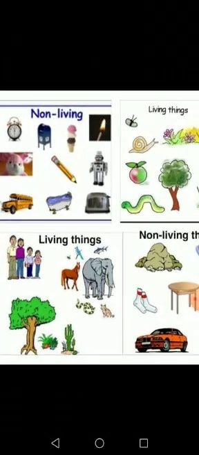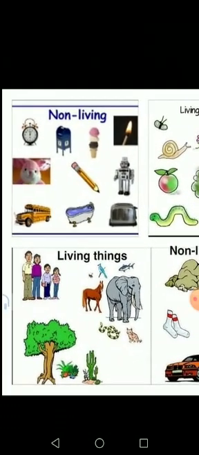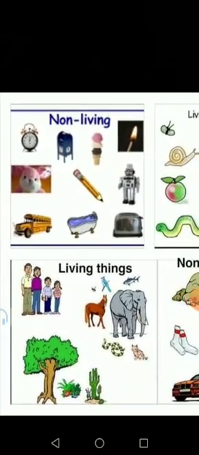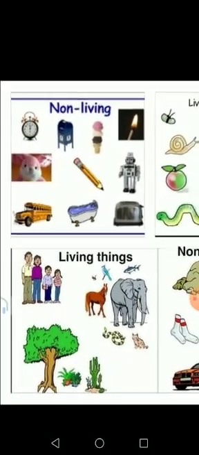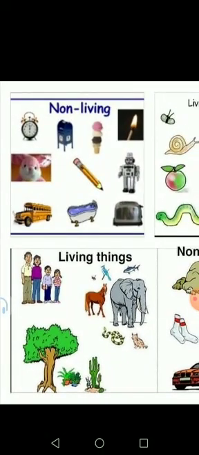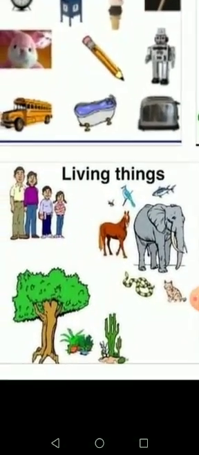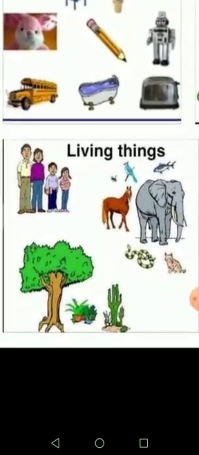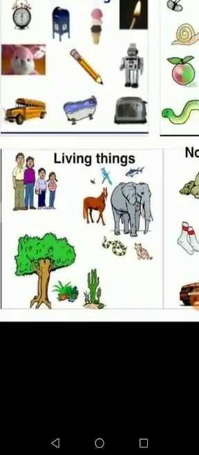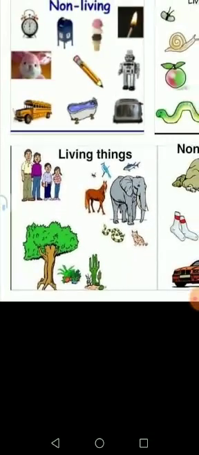First, you see in this picture that you have non-living things, like you have pencil, clock, doll, ice cream. So these all are the non-living things, and the things that are called living things, like we have human beings, animals, trees, plants. They all are living things, and I think you know very well about living and non-living things now.